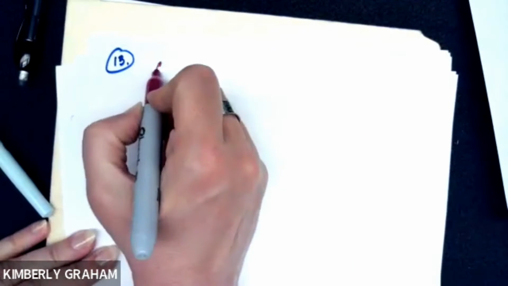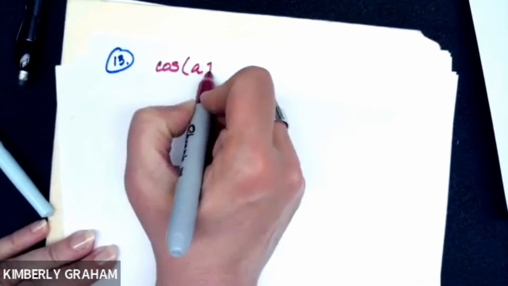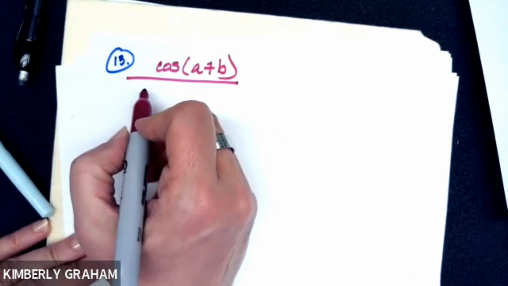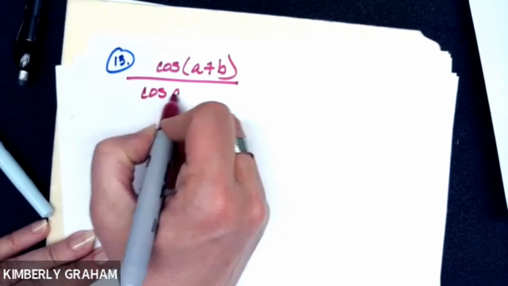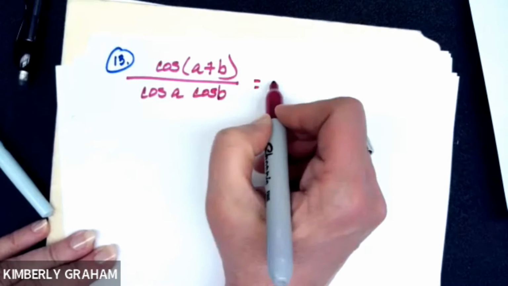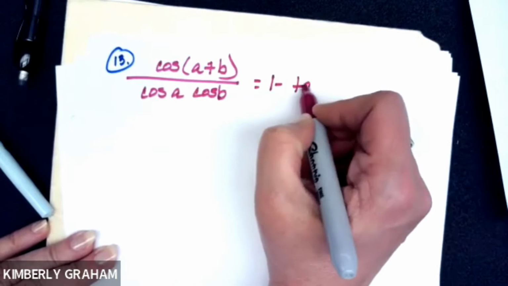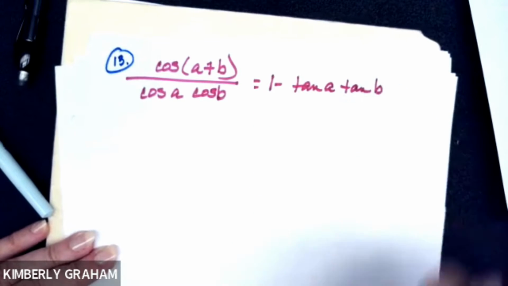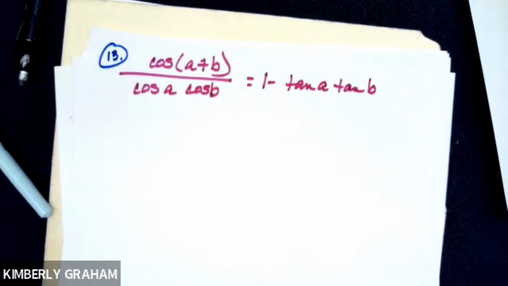So cosine a plus b over cosine a cosine b equals 1 minus tan a tan b. That's what I'm trying to prove.